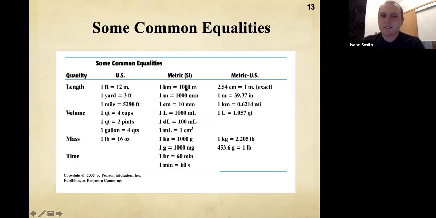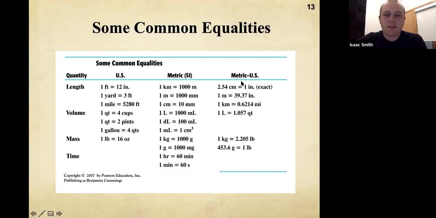If you're within the metric system, they're considered exact numbers, and you don't have to worry about sig figs. If you're converting between metric and US, that's where you're going to have to think about the number of significant figures. The only exception, like I mentioned, is when you convert between centimeters and inches. This is actually defined as an exact conversion, and so you don't think about it in this case. So that's the one exception.